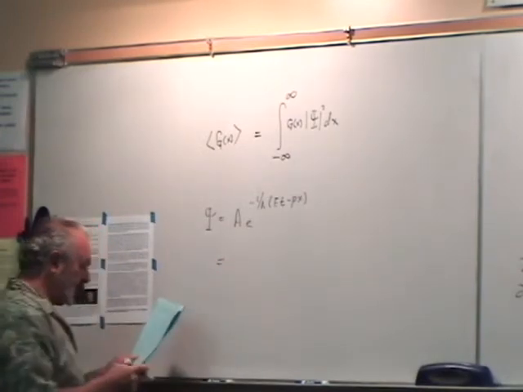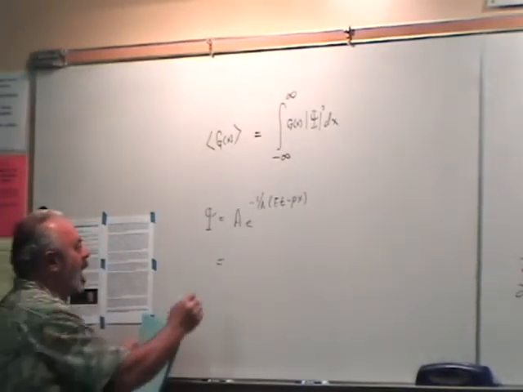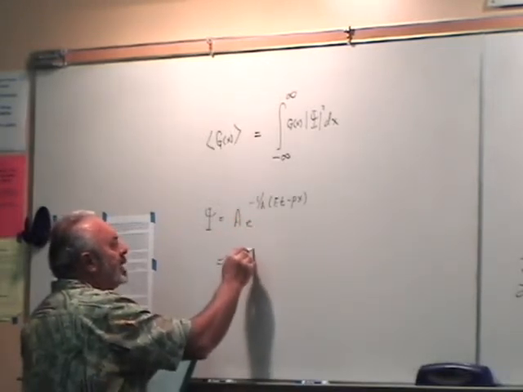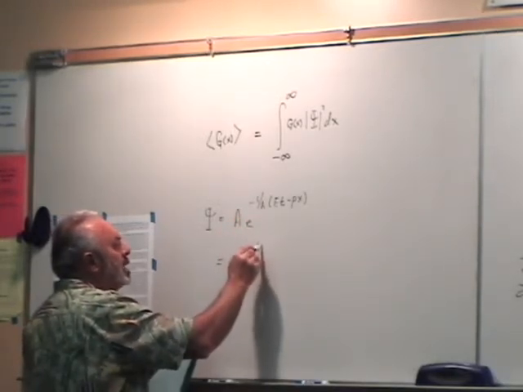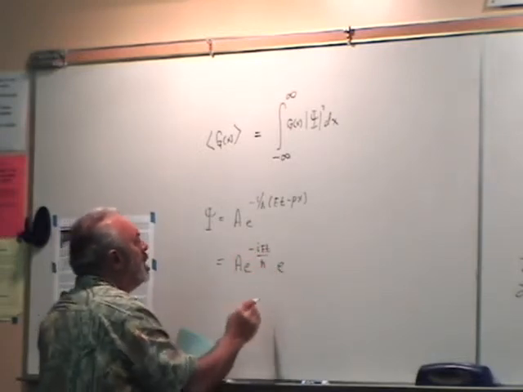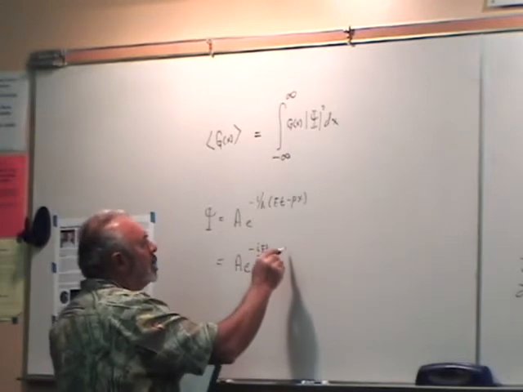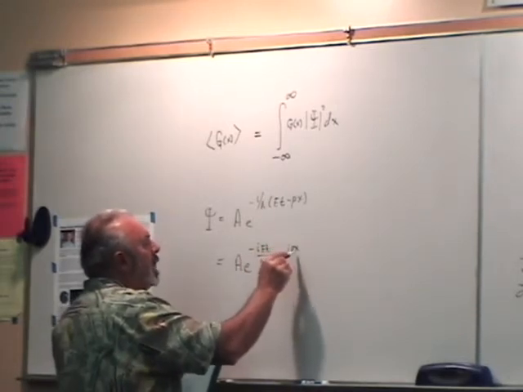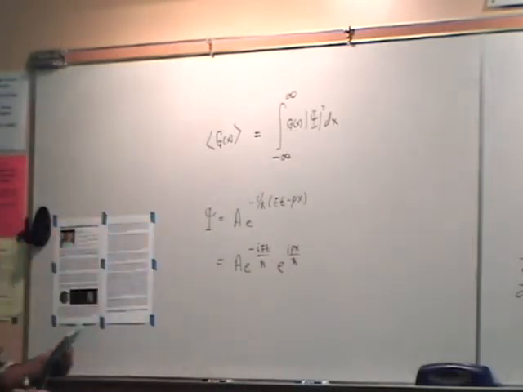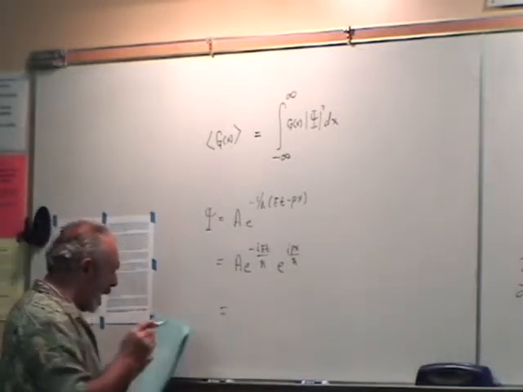Of course, you'll notice now I can write that as A e to the minus iEt over h bar times e to the ipx over h bar. Minus iEt over h bar, yes. ipx over h bar, yes. How lovely.